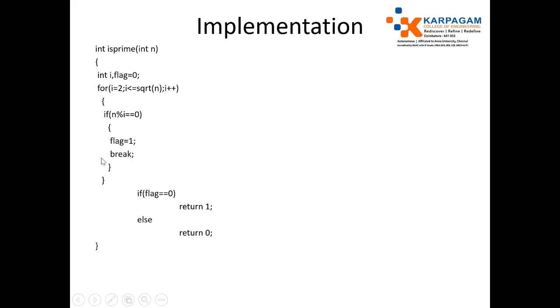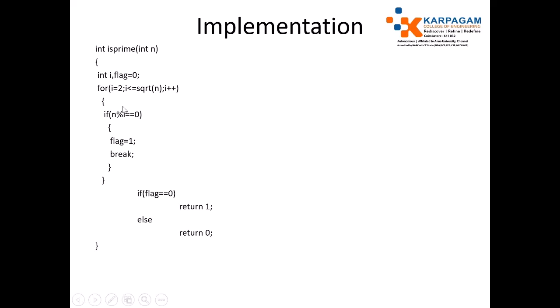Immediately give break. Here the loop and this condition got failed. That is the break statement. Now you have applied the break statement, so the loop will be terminated. Now the flag is 1, so it goes to the else condition and it returns 0. So 6 is not a prime number.